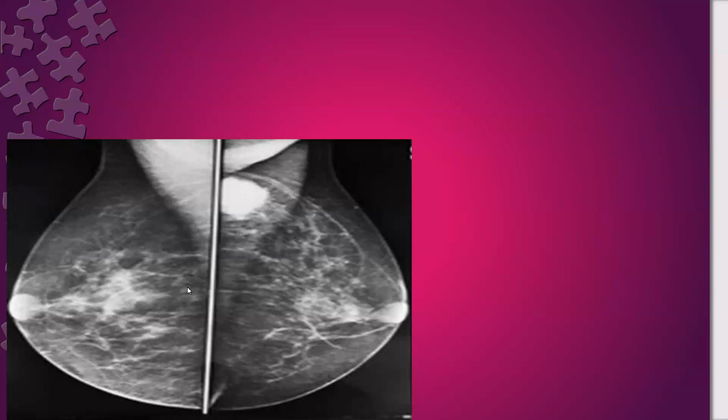Compare the two sides. If you compare the same area on the two sides, you could see what is going on. Look, this prepectoral or retromammary fat here, and you can see it here. There's infiltration. What are the specific descriptors?